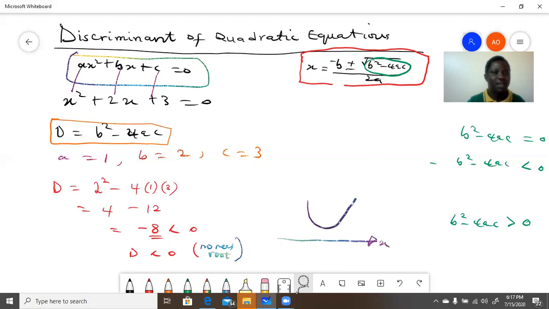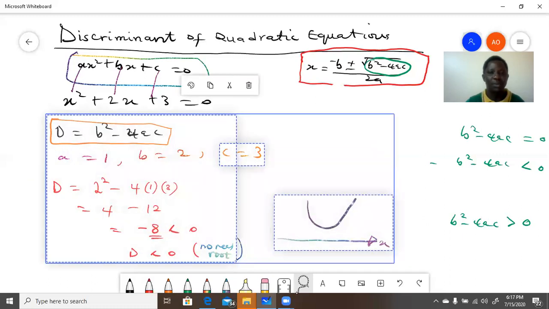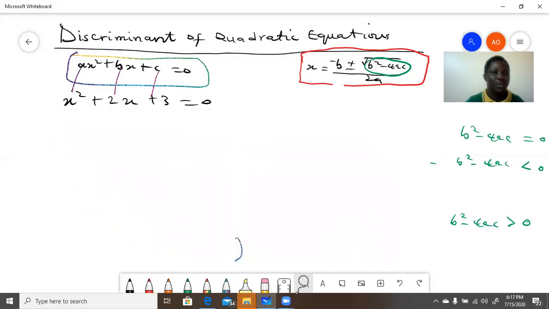Thank you for that. Okay, let me take one more example so that you can understand better. Let's say we have another quadratic equation given as x squared plus 4x plus 2 equals 0.